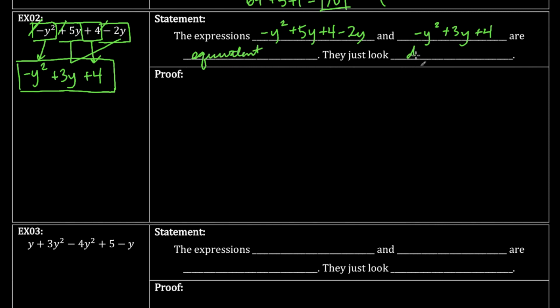They just look different. So we already used 4 in the last one. I guess we can use 3. There's 3 in here already, but it is what it is.